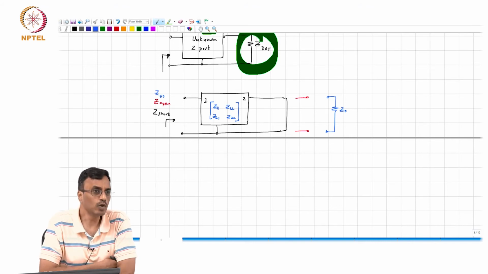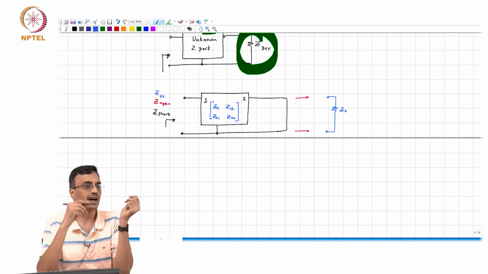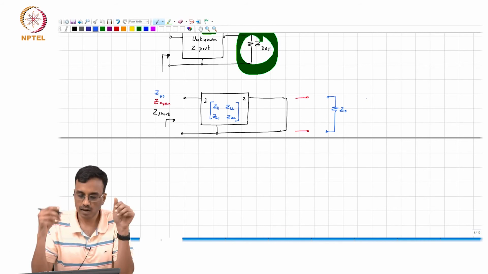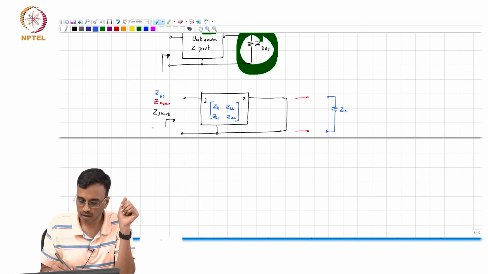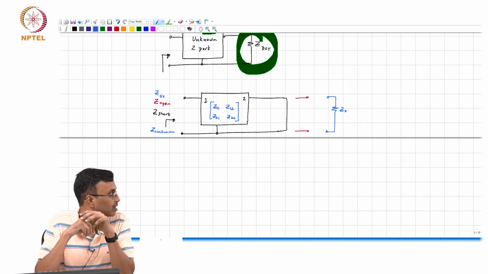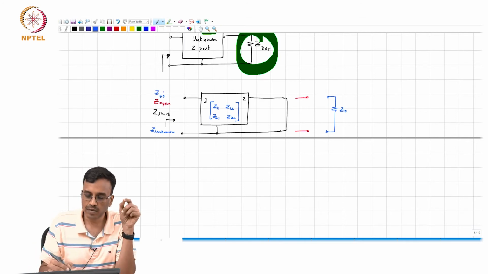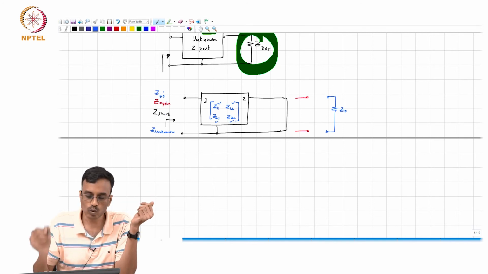Then what will you do? Finally you put the Z dot, and the resulting impedance you measure is Z unknown. Since you know Z50, Z open and Z short, you will be able to find Z11, Z12, Z21, which is the same as Z12, and Z22.